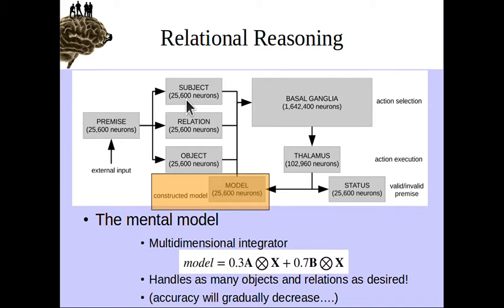How am I going to represent that internal picture I was just imagining of, oh, there's an A at this location and a B at this location? There are a bunch of different possibilities here, but here's one particular approach.